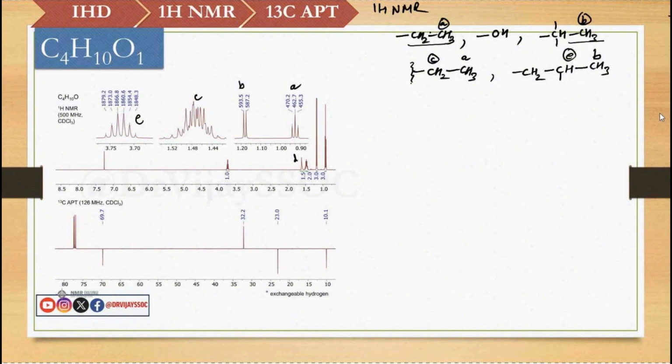So let's combine this information. You can see that this information and this information are the same, so you can remove one of them. And here this information and this information are the same, so you can remove this one. So just combine these two pieces of information and see what you will get.